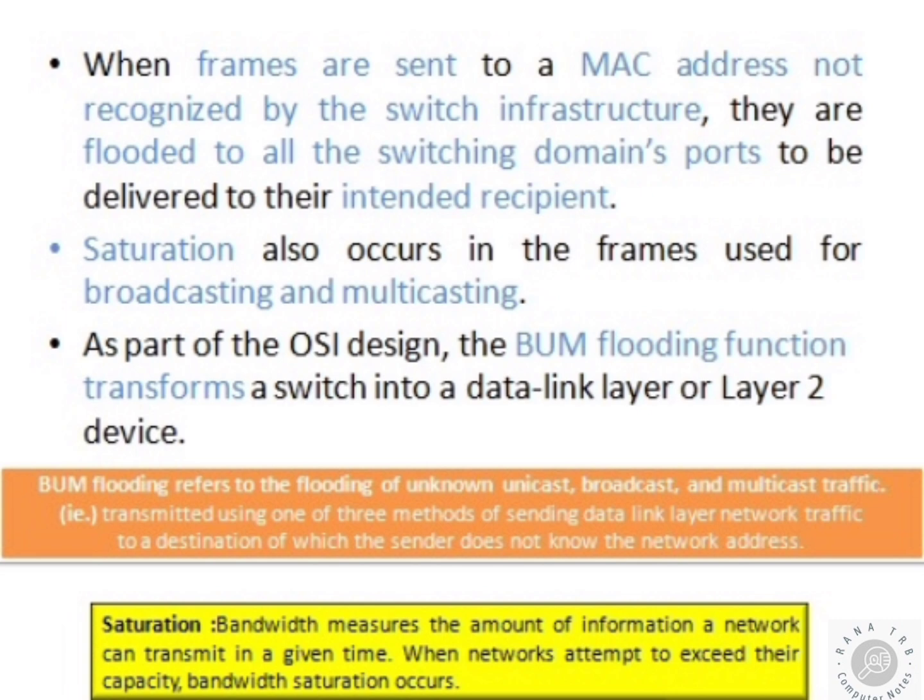What does BUM flooding technique mean? B is for broadcast, U for unicast and M for multicast. Based upon any one of these transmissions, they send the network traffic to the destination when the sender does not know the network address, that is the MAC address. When the MAC address is not known, they use this BUM flooding technique to avoid the saturation problem.